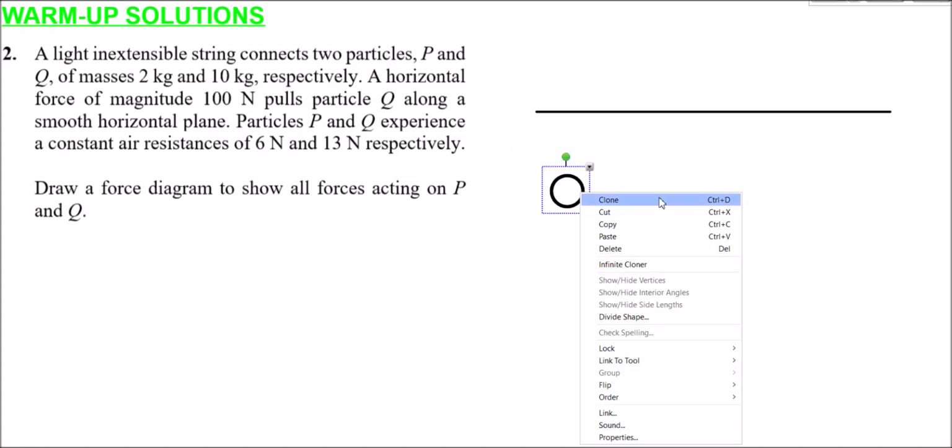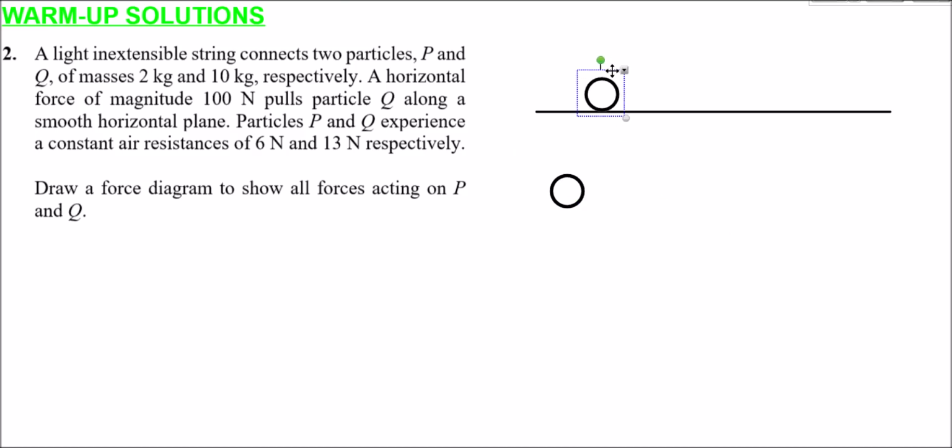So I'm going to clone that one. So that can be P, this can be Q. And there is a string joining them. So I'll do the string in blue, why not?